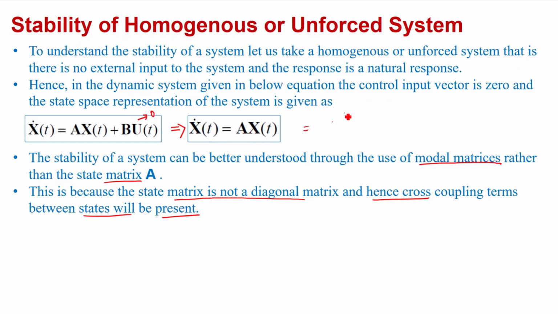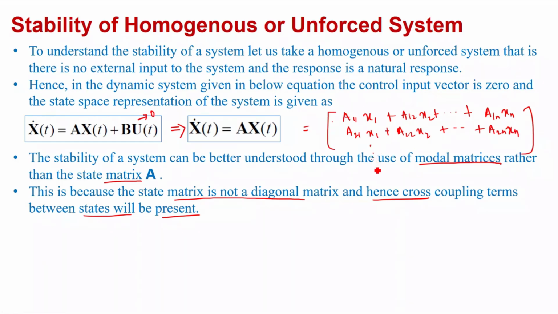We can already see from this equation that we can write it as a11 x1 plus a12 x2 up to a1n xn. Similarly a21 x1, a22 x2, up to a2n xn, all up to n dimension.